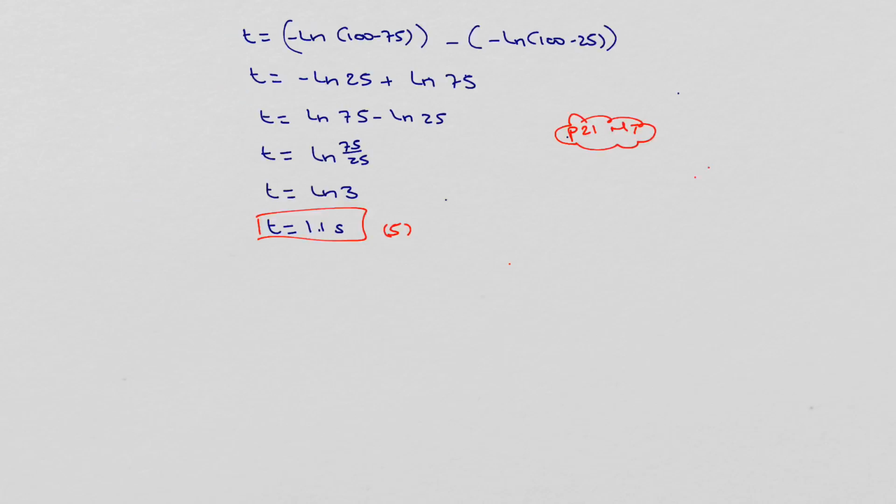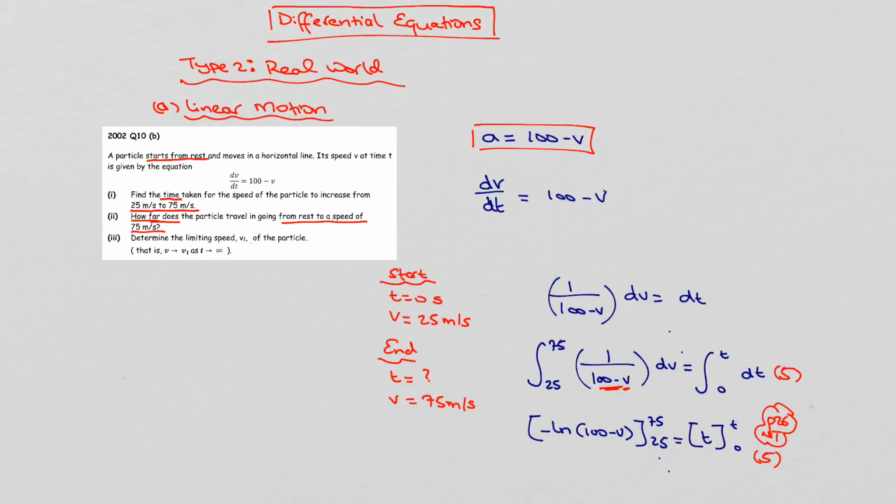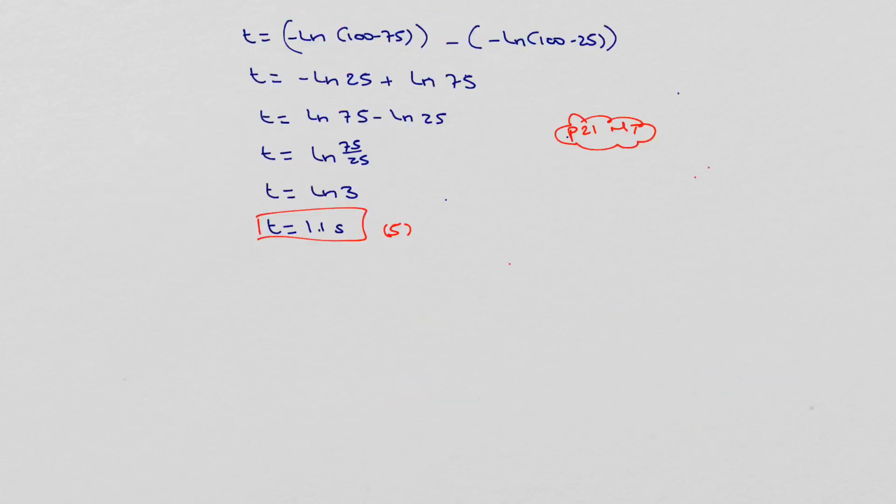Now I know my acceleration is 100 minus v, and if my limits are given to me in terms of velocity and I'm looking for distance, I'm going to write my acceleration as v dv/ds. So my start limits and my end limits: at the start, we're told it's going from rest to 75 meters per second.